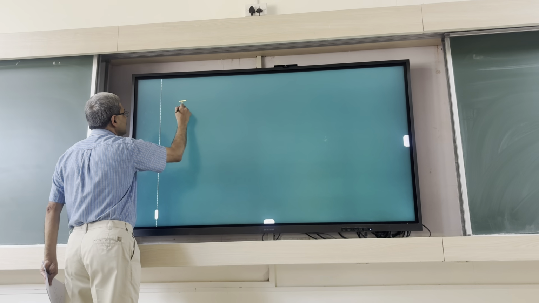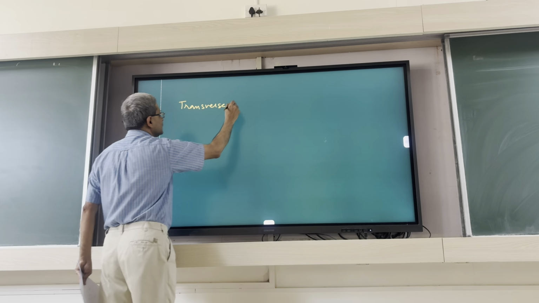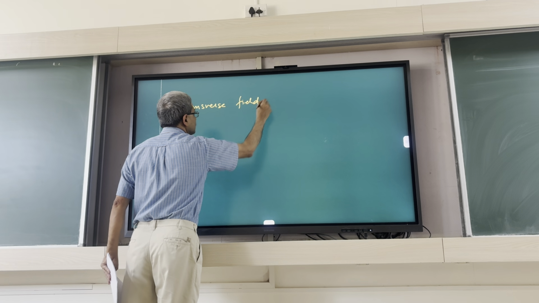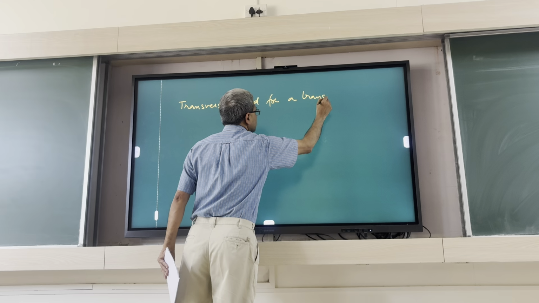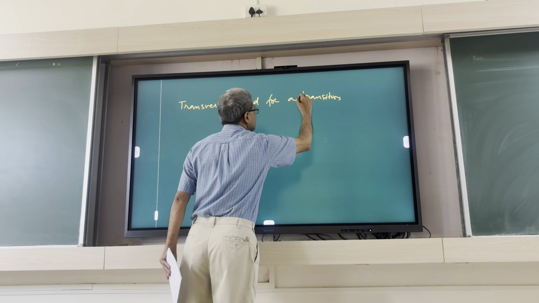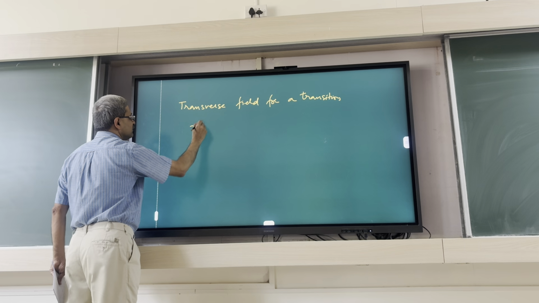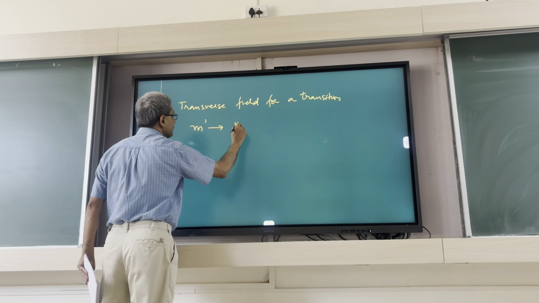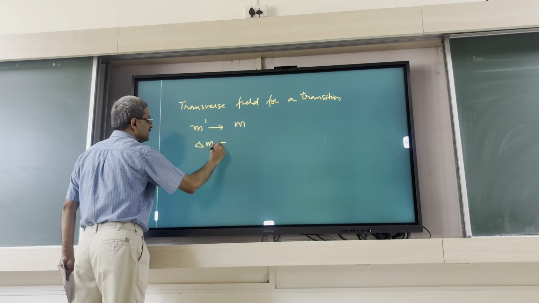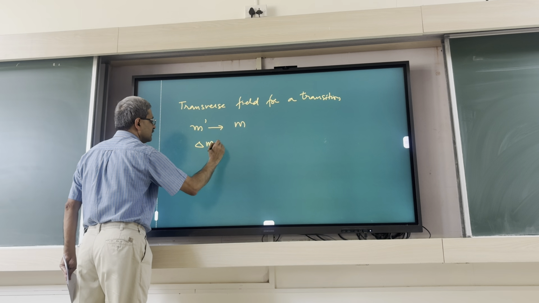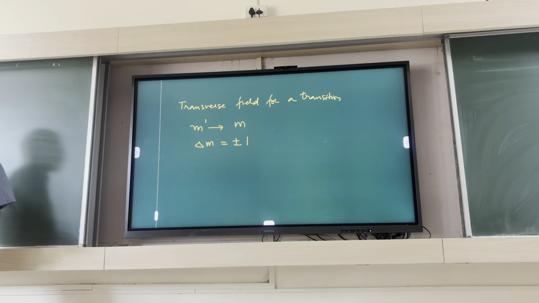So firstly, you need a transverse field for a transition, and also if you want to transit from some m prime to m, then this delta m has to be plus or minus 1.